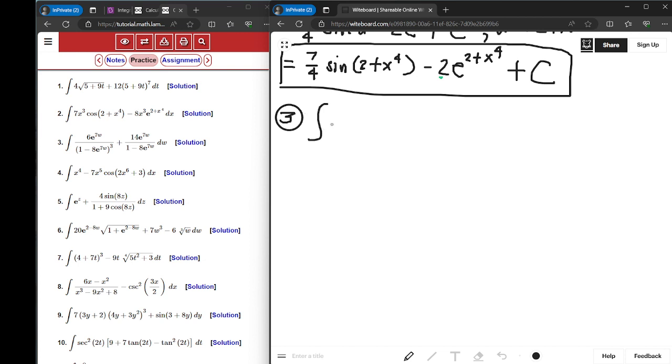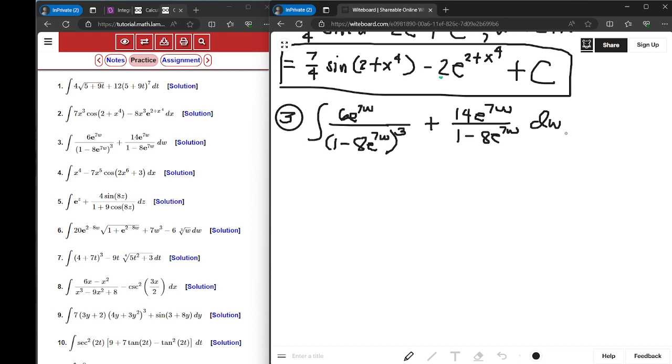So we have here, find the integral of 6e to the 7w times 1 minus 8 times e to the 7w quantity raised to power 3, then plus 14 e to the 7w over 1 minus 8 e to the 7w dw.